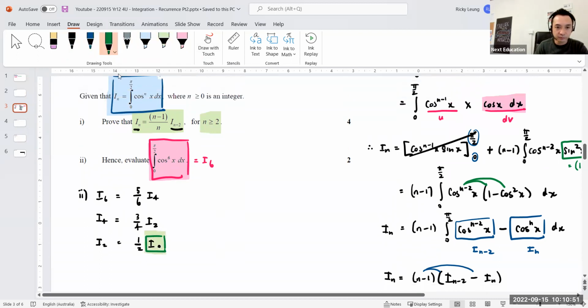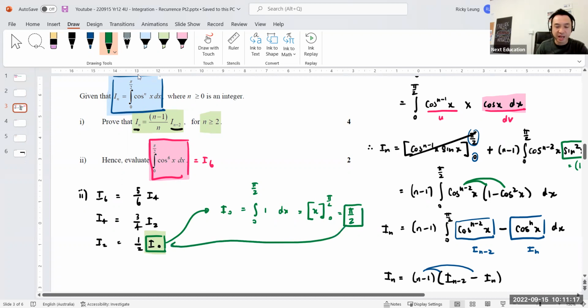So let's sub in 0 into the formula, guys. I0 off to the side here equals the integral from 0 to pi on 2 of cos to the power of 0, which is just 1, dx. Subbing in the limits, that's just x from 0 to pi on 2, so that's just pi on 2. Now, once I get that, I back solve. I put this guy back into here and then recursively move up the ladder.